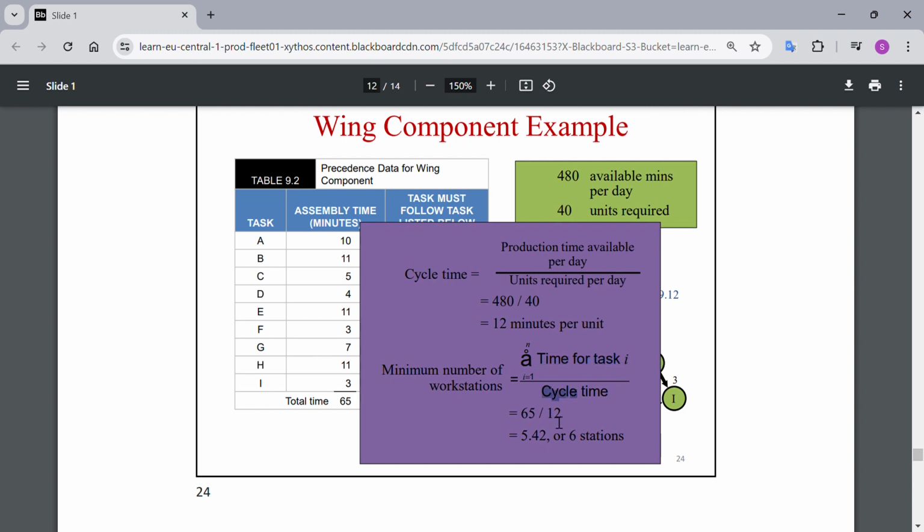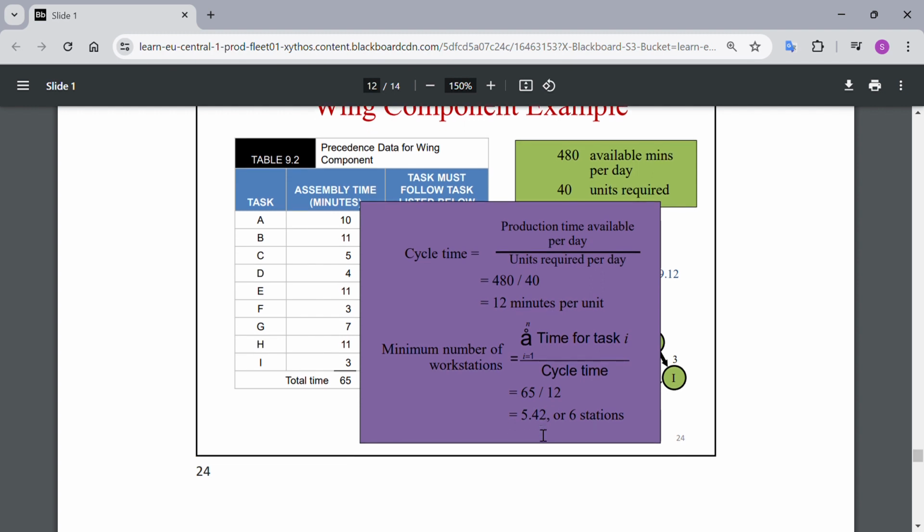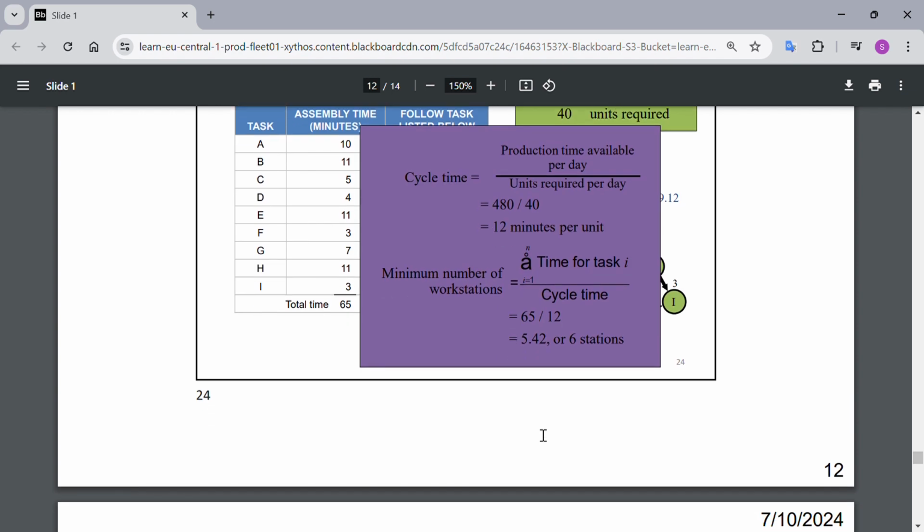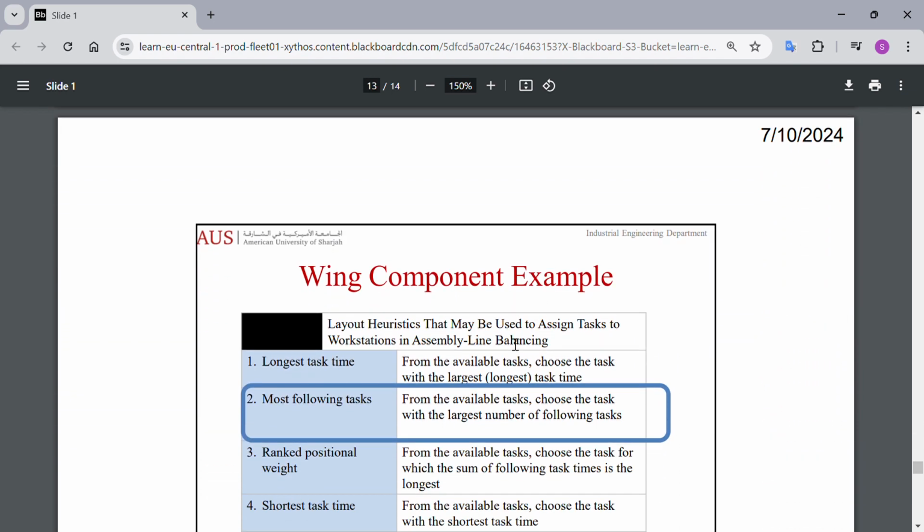If the total time for our product is 65 minutes and the cycle time is 12, it's going to be 5.42, or 6 stations. We need 5.42, but we cannot have fractions of stations, so we round up to 6 stations.